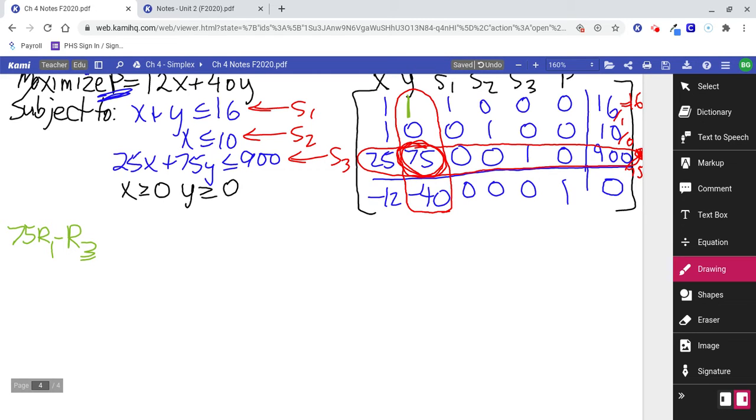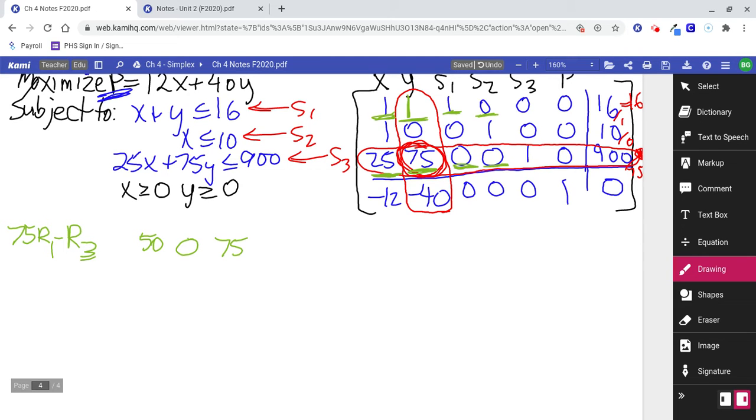Okay, so here we go. 75 row 1 minus row 3. That's going to be 75 minus 25 is 50. And the next one is going to be 0. 75 of these minus this is going to be 75.